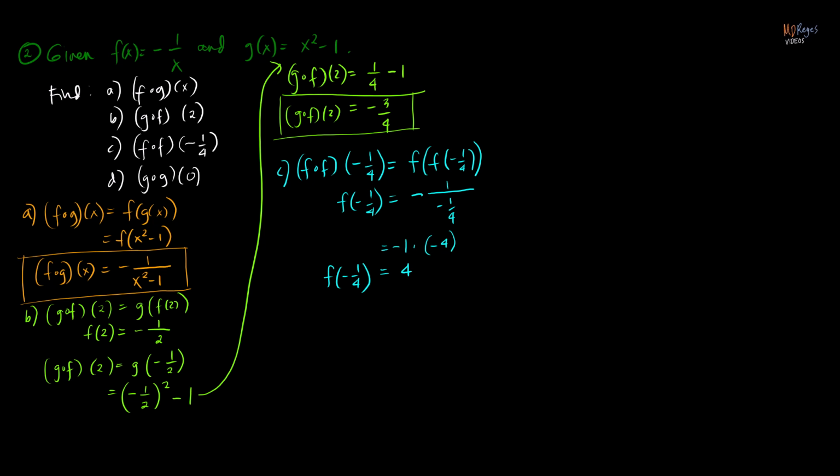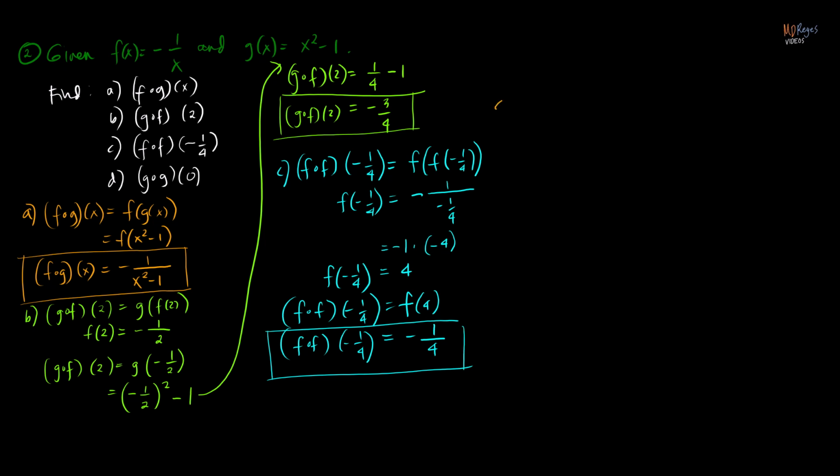This is just f of -1/4. So it's f of f of -1/4, where f of -1/4 is 4. Now applying 4 again in the function f, it's -1 over x, where x is equal to 4. So it's -1/4. So this is f circle f of -1/4. Now this is our final answer.